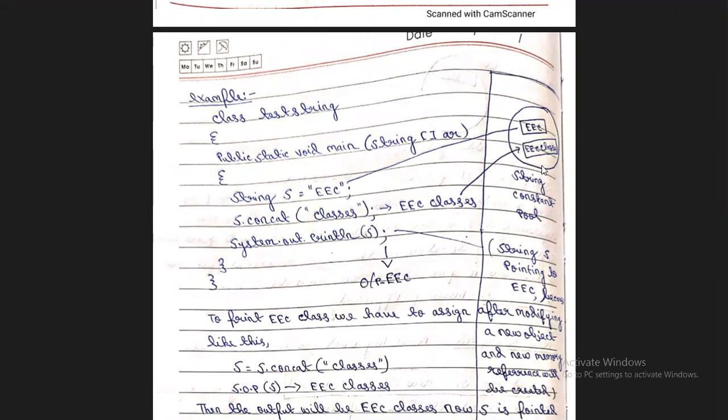If it is not, then the EC value will be stored. After that, when we use the concatenation method, we are passing the parameter classes, so our final output will be EC classes. Now this EC classes and EC are not the same. So JVM again creates another value in the string constant pool, EC classes.